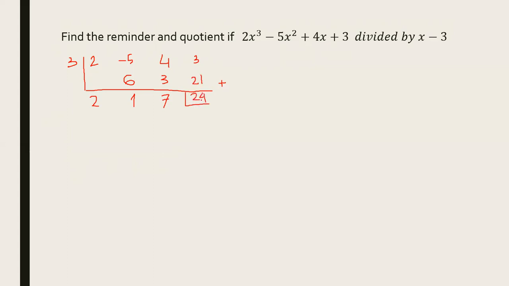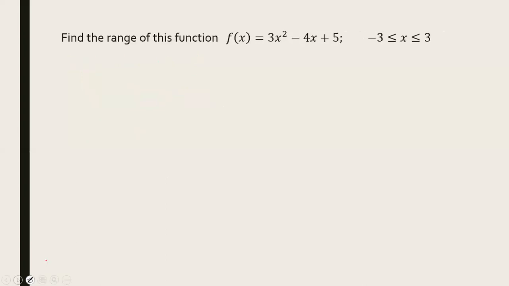So the remainder is 24, and the quotient is 2x squared plus 1x plus 7.